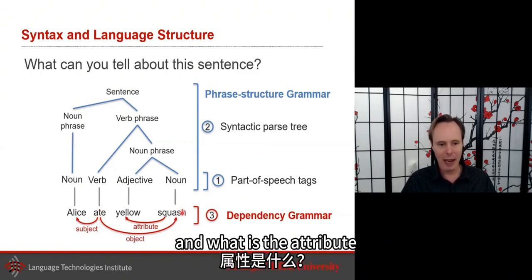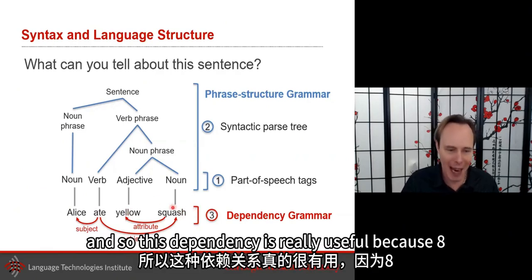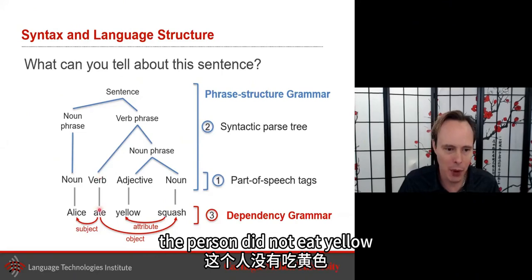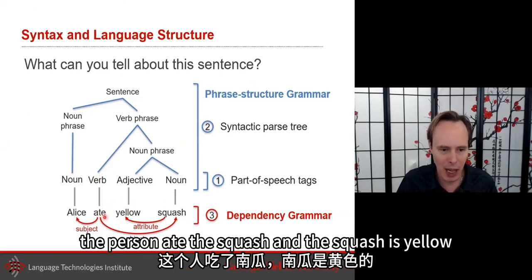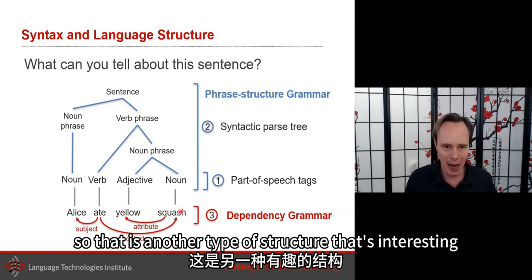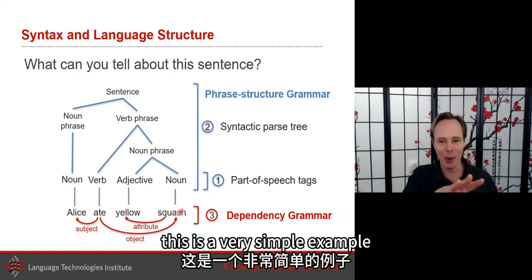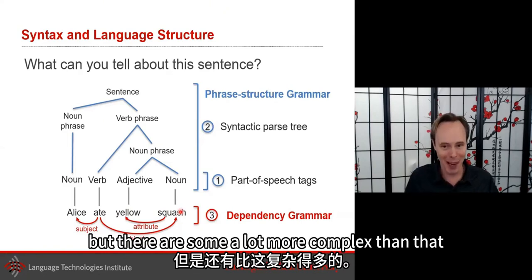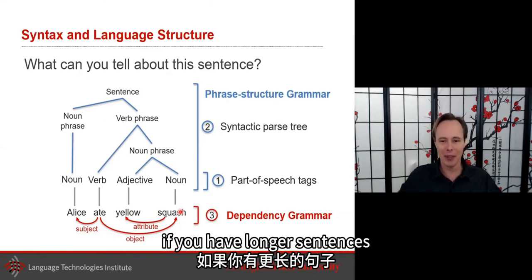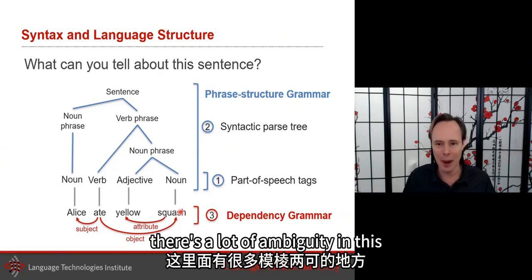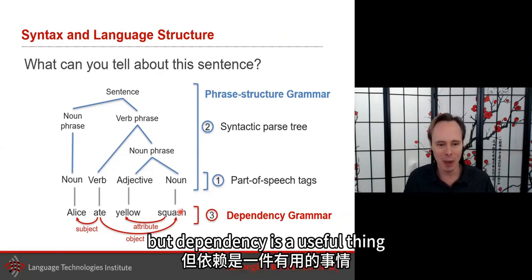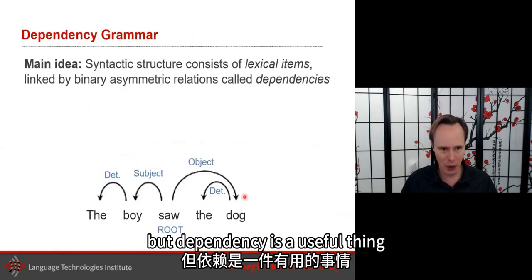It's squash. And what is the attribute? This dependency is really useful because the person did not eat yellow. The person ate the squash, and the squash is yellow. So that is another type of structure that's interesting. This is a very simple example, but there are some a lot more complex than that, as you can imagine. If you have longer sentences, there's a lot of ambiguity, but dependency is a useful thing.